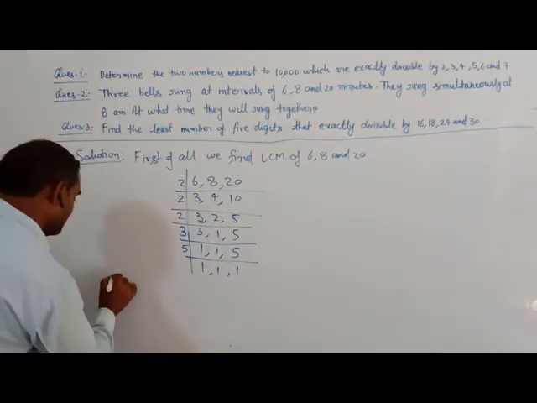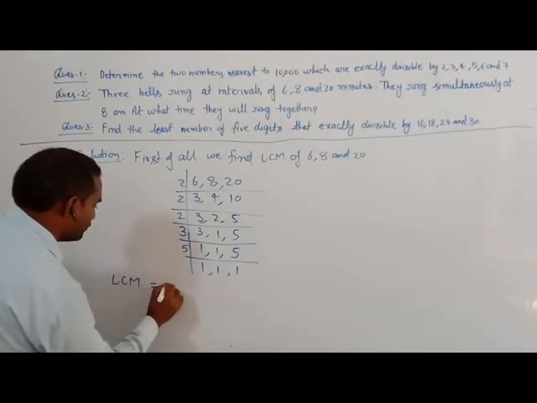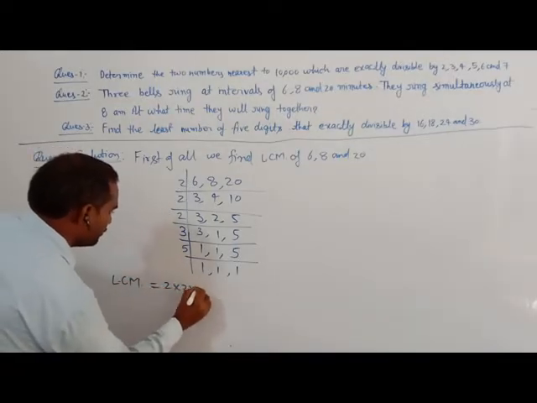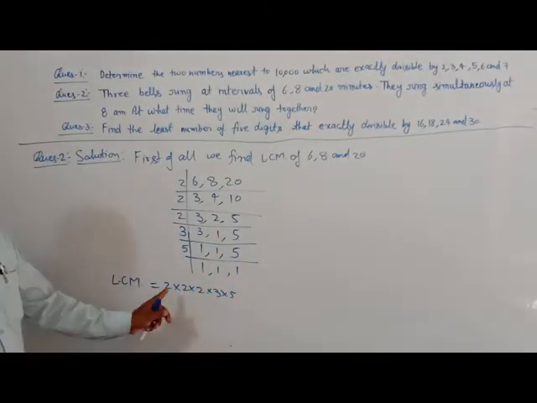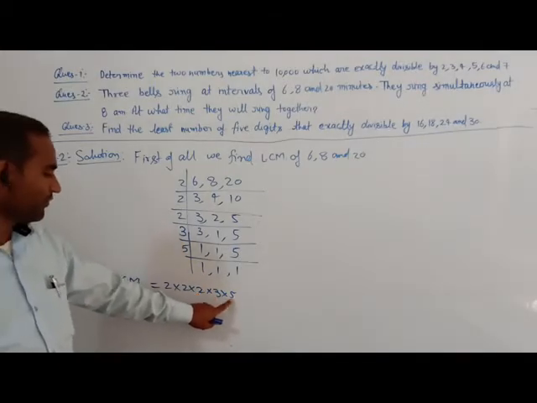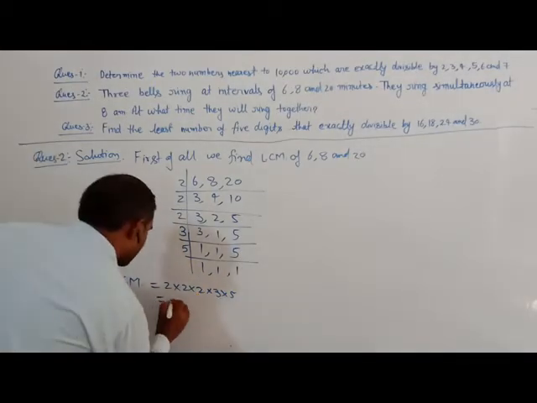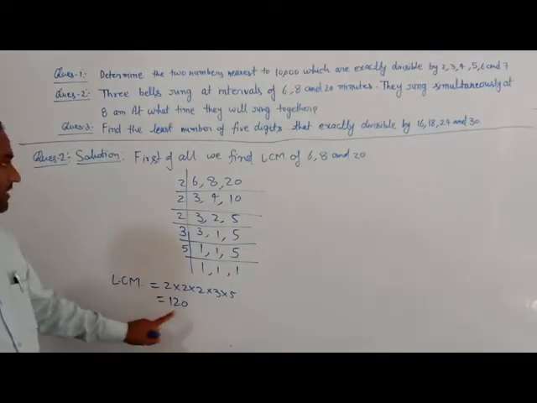LCM is equal to 2 into 2 into 2 into 3 into 5. 2 twos are 4, 2 fours are 8, 8 threes are 24, 24 fives are 120. LCM is 120.